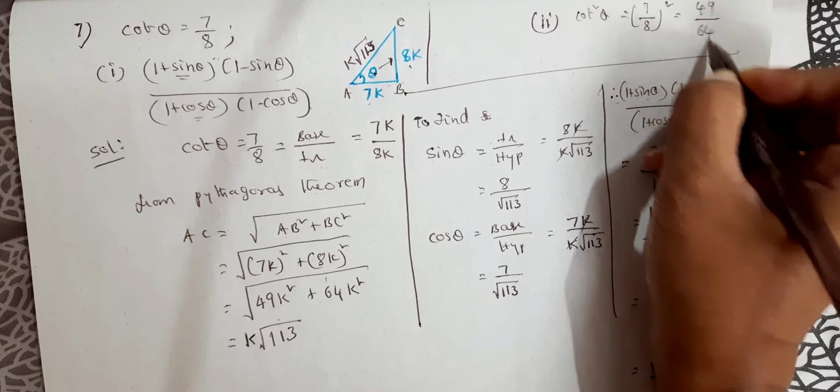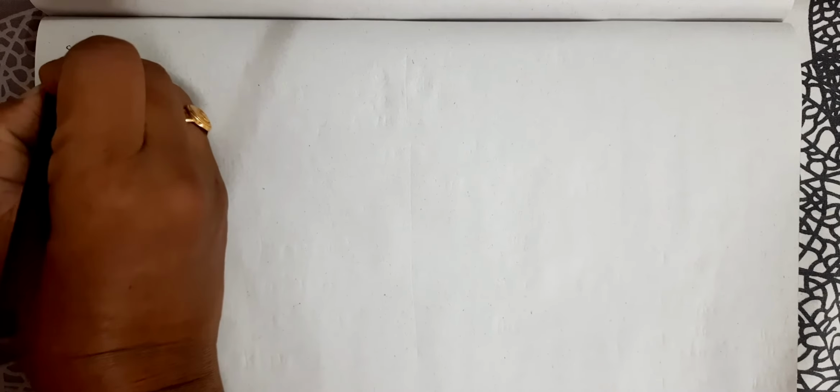So now the eighth problem. The problem reads like this. Eighth one from exercise 10.1 of the new edition of R.D. Sharma. Here it is given that 3 cot A is equal to 4.